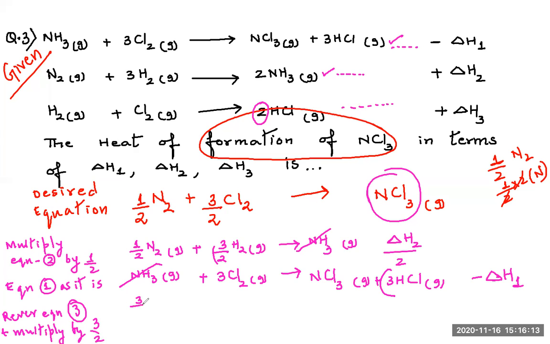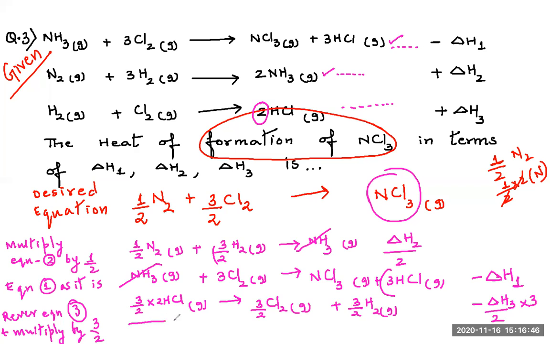So I get 3 by 2 into 2HCl gaseous gives 3 by 2 Cl2 gaseous plus 3 by 2 H2 gaseous, and here also I revert, so minus delta H3, and it is into 3 by 2.